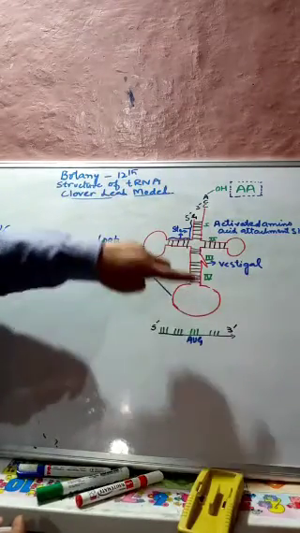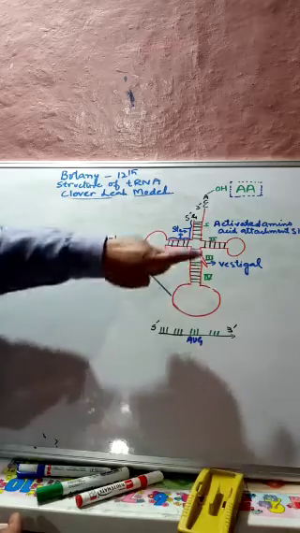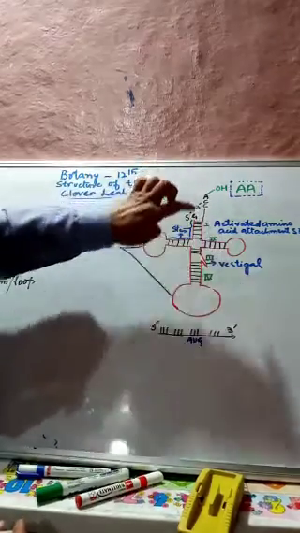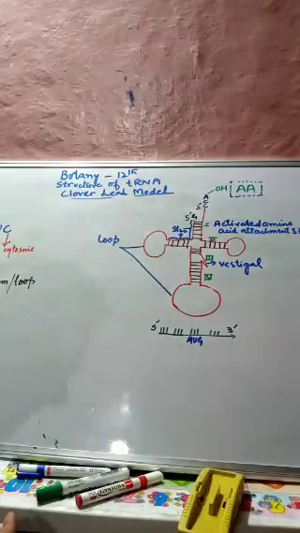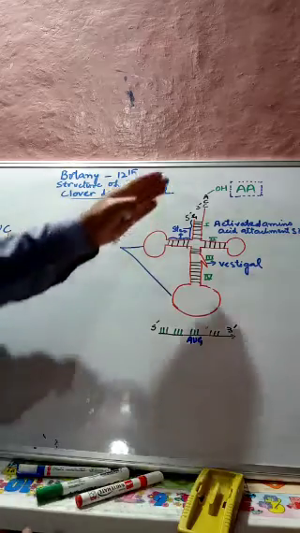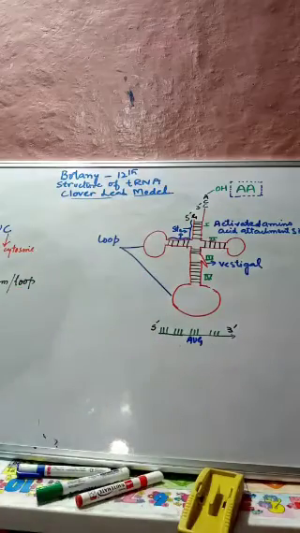The type of anticodon will decide what type of amino acid will come and attach at the 3' end of this transfer RNA, because the anticodon has recognized the codon.